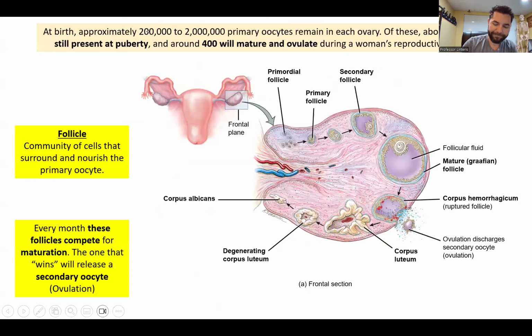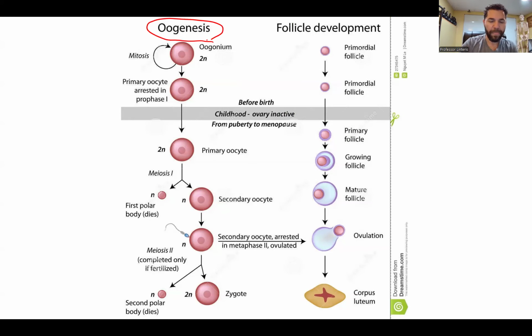This is the production of an egg. We call the egg that will be produced a secondary oocyte. The pathway always starts off with a gonium. Whether we're talking about sperm or egg, the oogonium is the initial cell. They are 2N. These are the starting point, if you want to think about it that way.